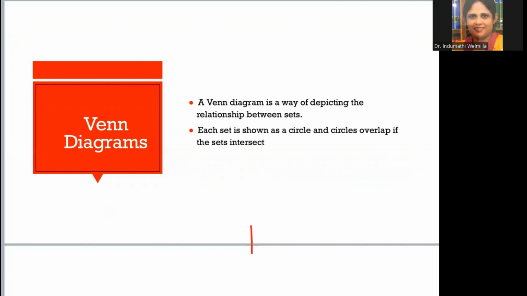And also the area where circles overlap represents the set of elements which are in all of the sets corresponding to the overlapping circles. So we call this area the intersection of the sets.